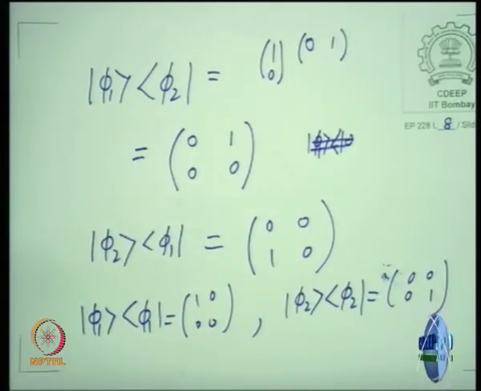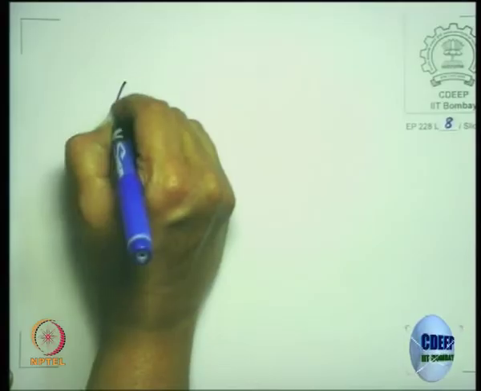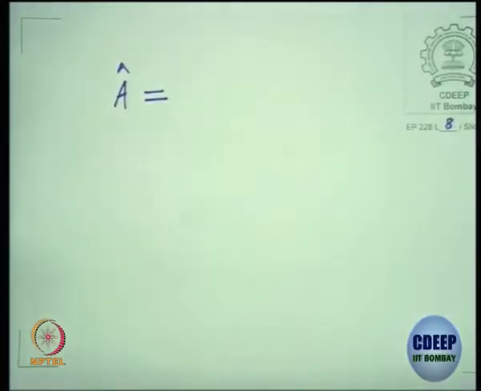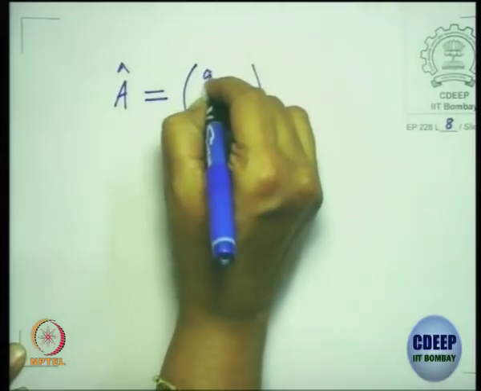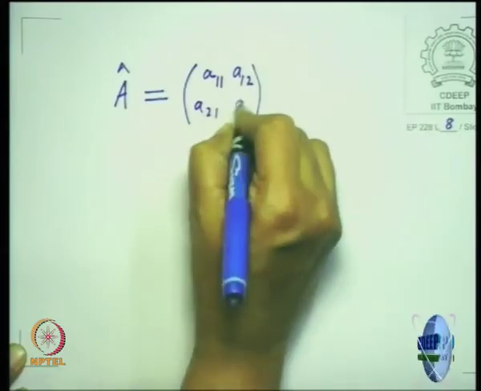Any 2 by 2 matrix which you write can be represented in terms of this Dirac notation, where you will have 4 possible basis states with phi 1 and phi 2 in the 2-dimensional case. So, let me write that. If you take some operator A, you can rewrite a representation for this in this 2-dimensional vector space as A11, A12, A21, A22.